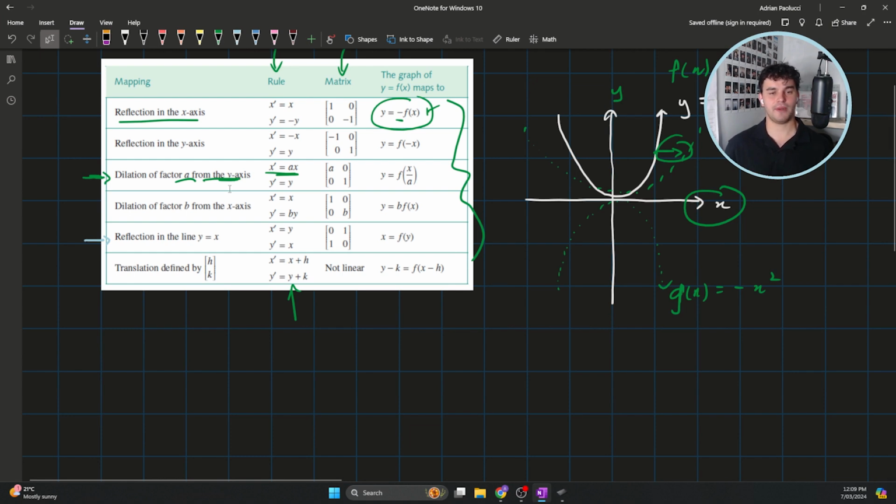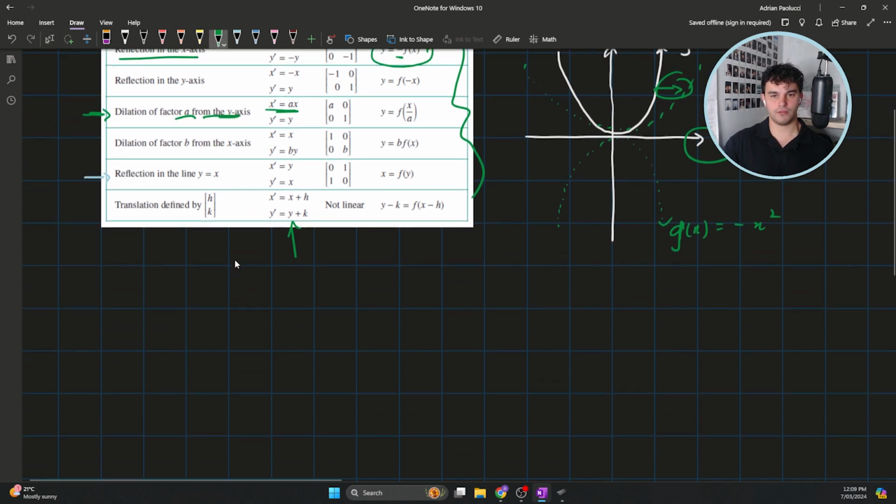Okay, so dilation by a factor of a from the y-axis, unintuitively, multiplies the x value, and you can see it represented algebraically like that. So if we have our square root graph, our original equation is f of x equals square root of x, and then we have a dilation by a factor of 2 from the y-axis.